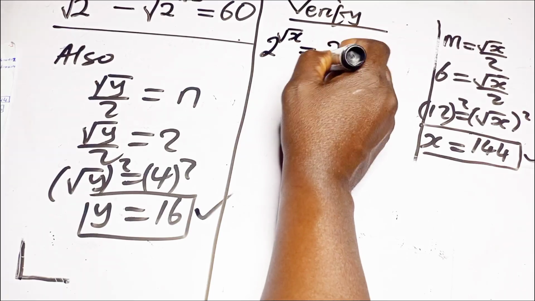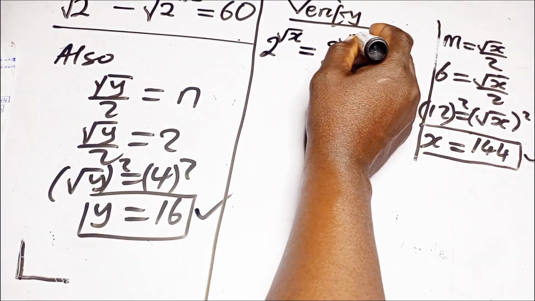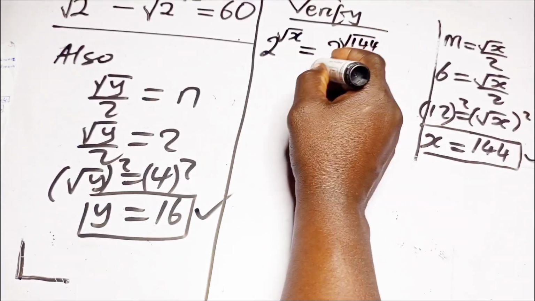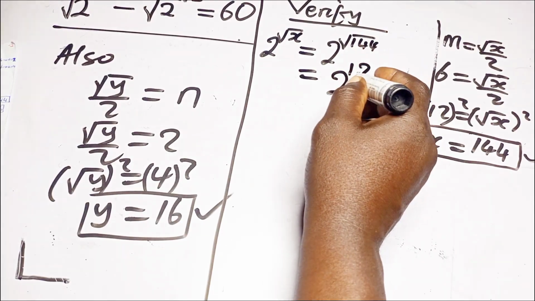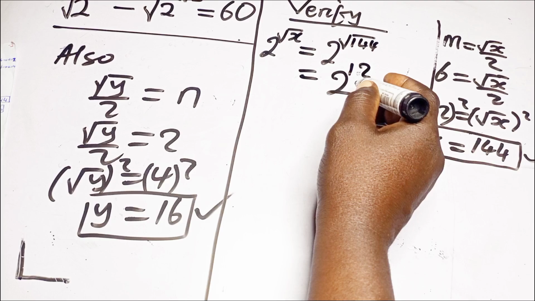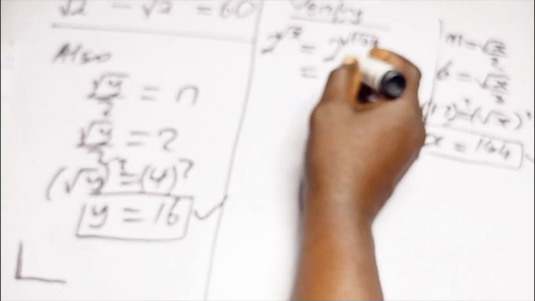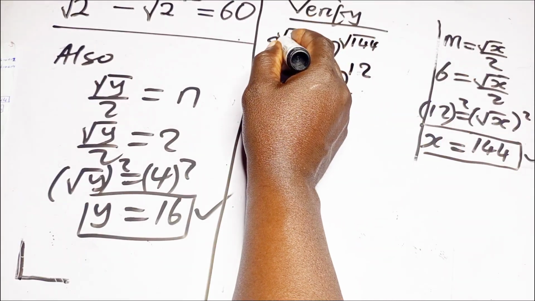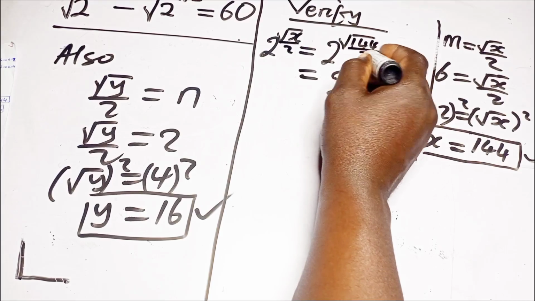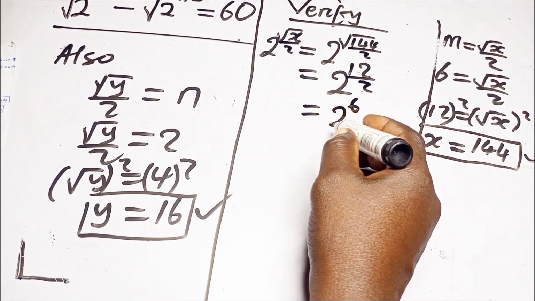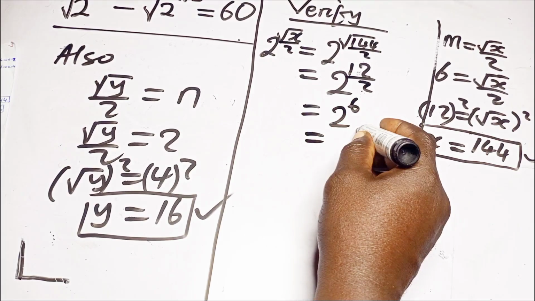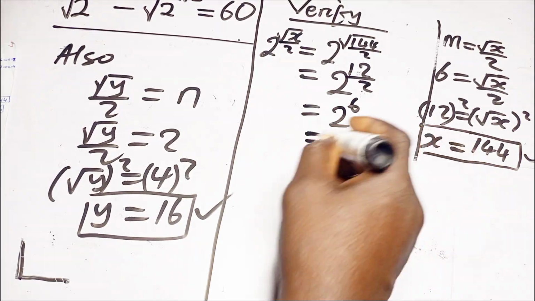That gives us 2 to the root 144. Root 144 is 12. That gives us 2 to the power 12. But this was divided by 2. So we divide all through by 2. It gives us 2 to the power 6. And 2 to the power 6 is 64.